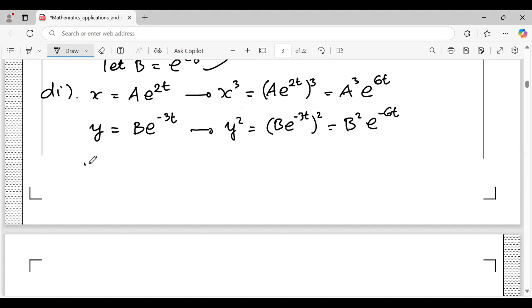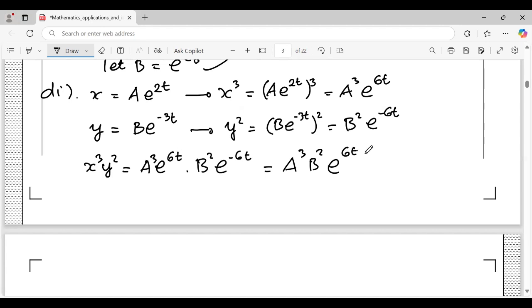So the expression x cubed y squared becomes a cubed e to the power 6t multiplied by b squared e to the power minus 6t, or a cubed b squared times e to the power 6t times e to the power minus 6t, and that is 1, because it is a cubed b squared e to the power 0.